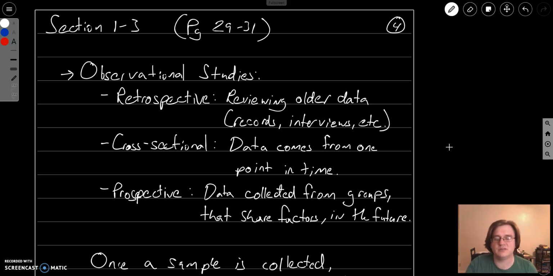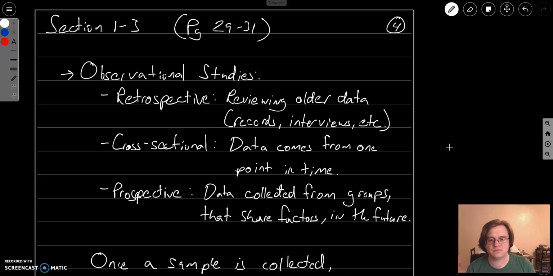Retrospective, as the name implies, is going to be reviewing data that came from the past. So maybe older records of, say, weather patterns from hundreds of years ago, or older interviews, but essentially it's data that was collected in the past.